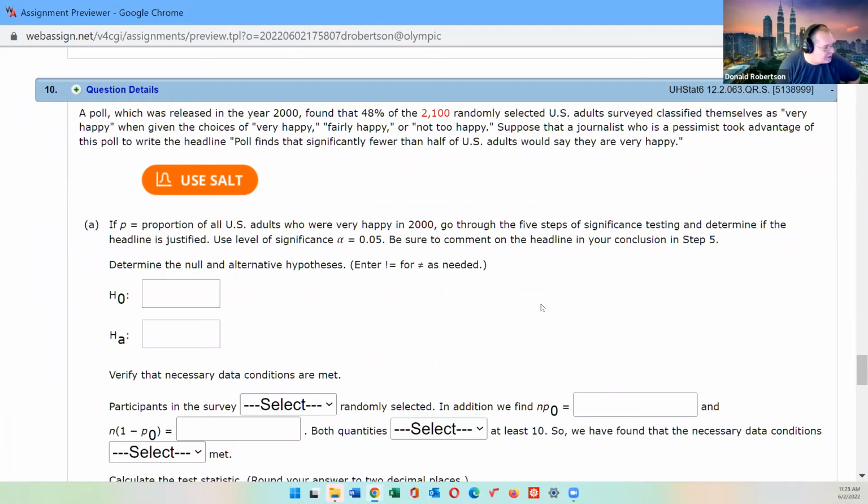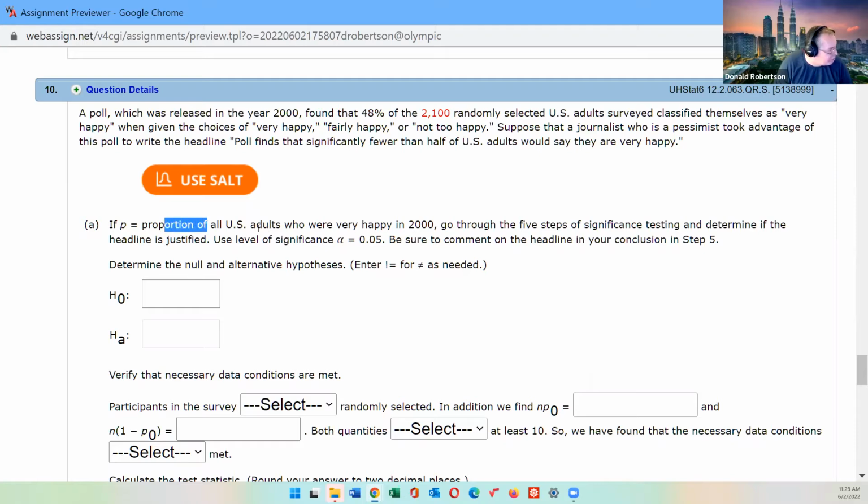You better start writing this down: 48%, so p hat is 0.48. Suppose a journalist who is a pessimist took advantage of this poll to write the headline, "Poll finds that significantly fewer than half of American adults said they were happy." Now, I know it said 48%, and we know that's obviously less than 50%, but he used the words significantly fewer than a half. Couldn't you have got 48% from a sample just by randomness? Couldn't the real answer be 51% were happy, but you just happened to be unlucky and get a few more pessimists? So we have to go through the statistics of this.